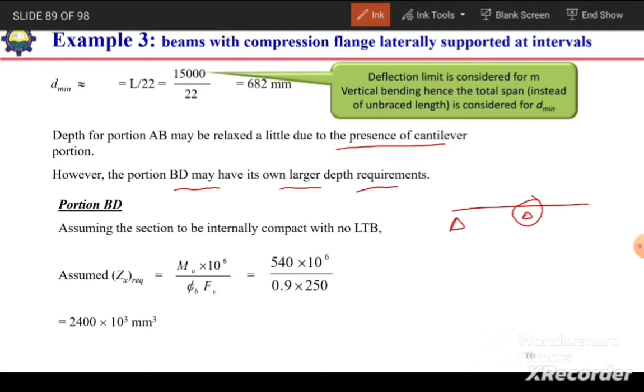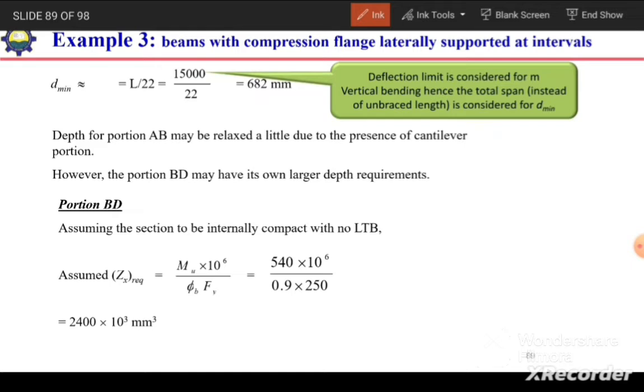So the depth requirement for this segment will be lesser, because the load present on this side will reduce the deflection of this segment. So we can relax the depth requirement from this value of 682. Even if the depth of the section is lesser than this 682, it will be acceptable.